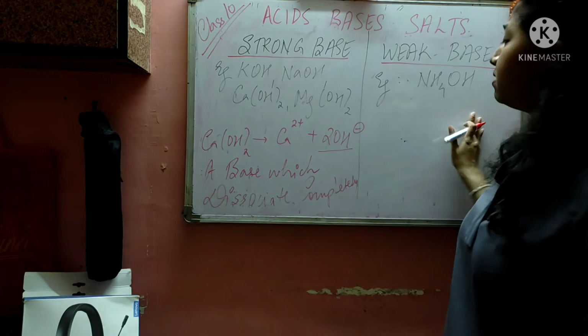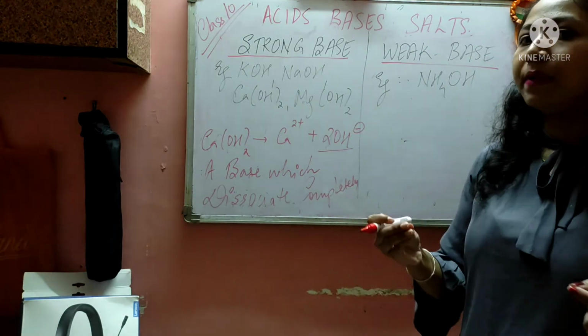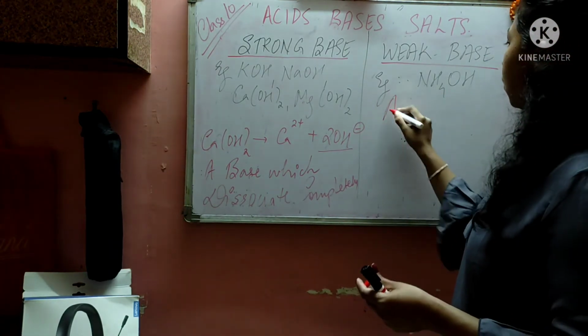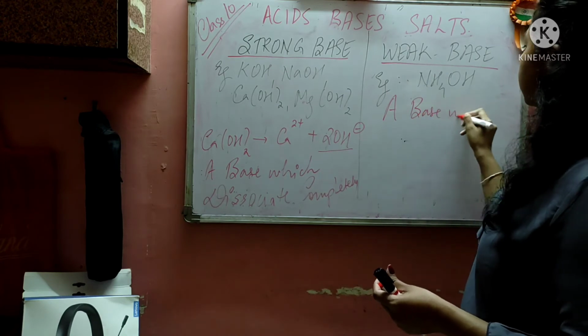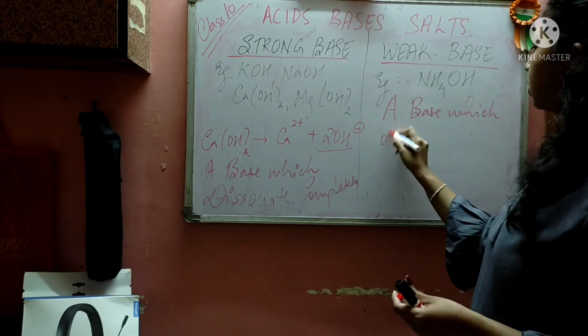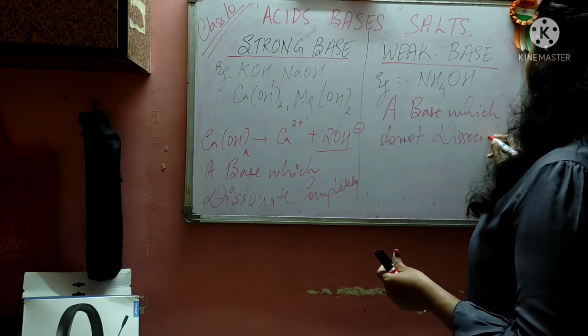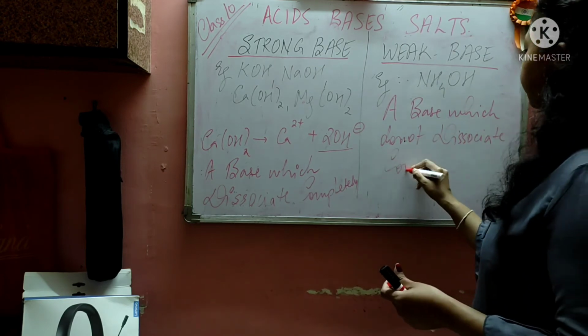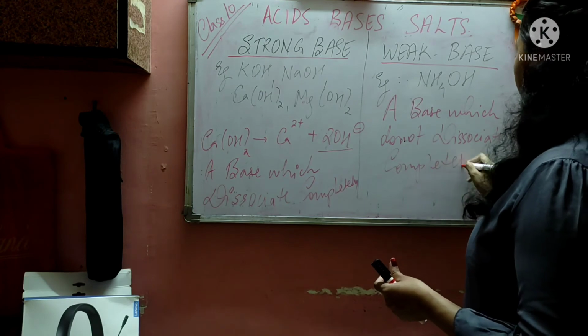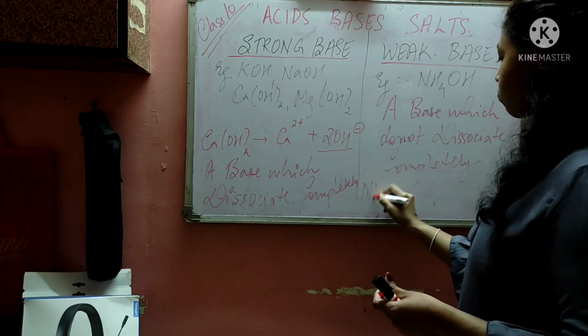But the weak base example we took is ammonium hydroxide. A weak base is a base which does not dissociate completely.